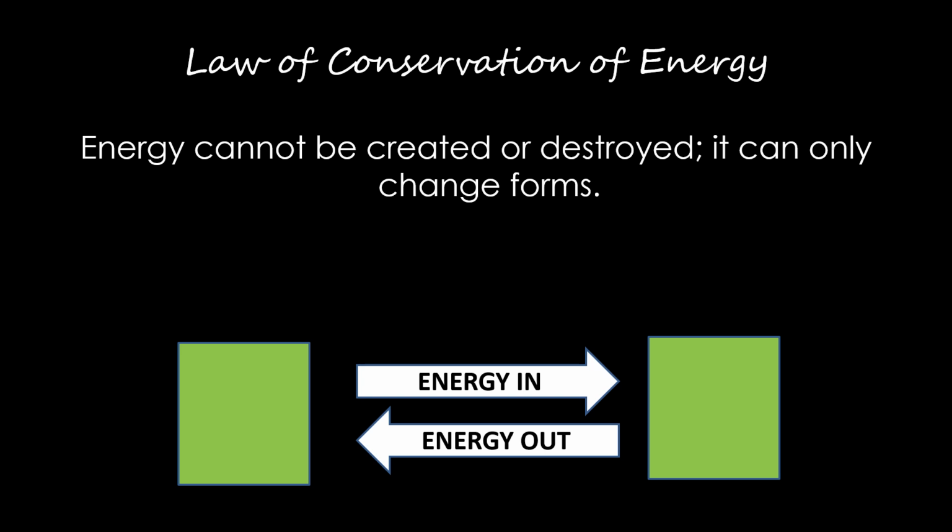So for instance, in our combustion reaction, it's changing from chemical potential energy that's stored in our chemicals to thermal energy through that heat that we're giving off, which is changing the kinetic energy of the particles and speeding them up, right? So we can transfer it between forms, but we can't create it out of nothing, and we can't destroy it and get rid of it. We can just change it.